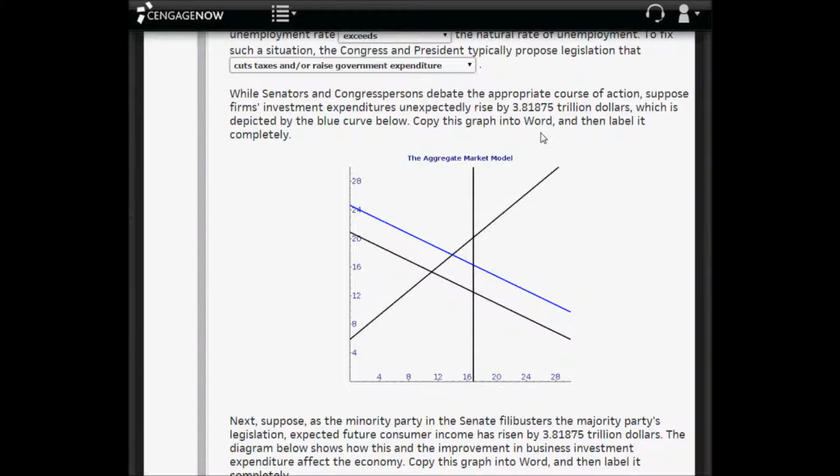And then we're going to copy this into Word and label it completely. This is AD1. This is AD2. Short-run aggregate supply, long-run aggregate supply, PL, Y. The units of real GDP are in trillions of dollars. The units of the price level are in thousands of dollars.